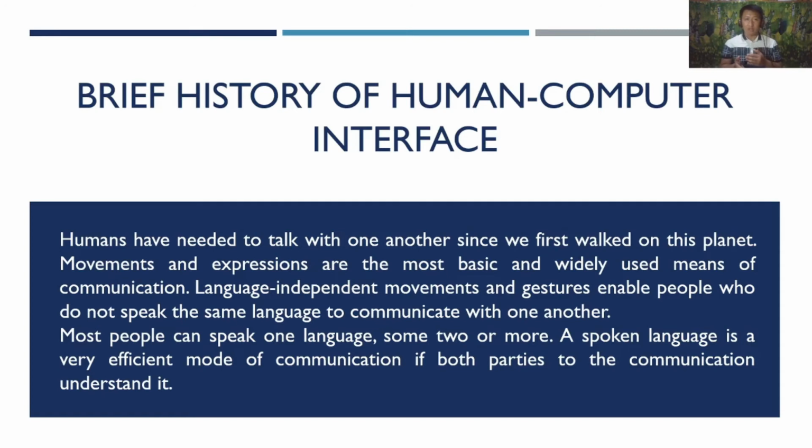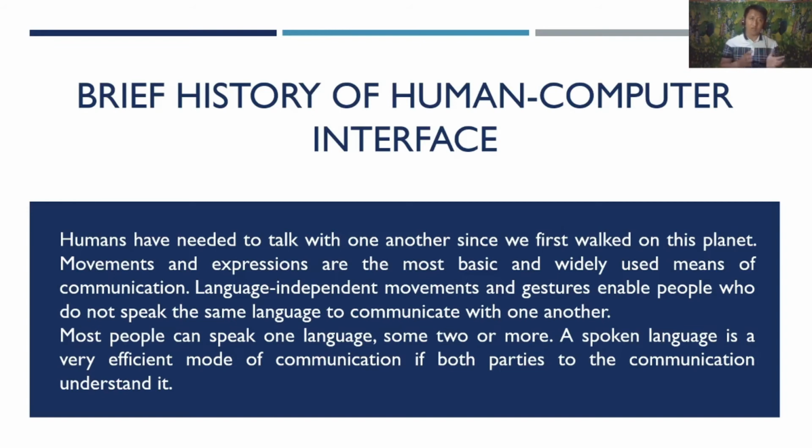It's because I don't know how to translate your language. I don't know what your language is all about. Okay, so that is why we can communicate to each other through movements or gestures.